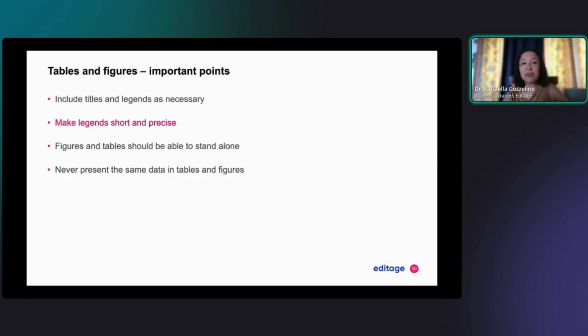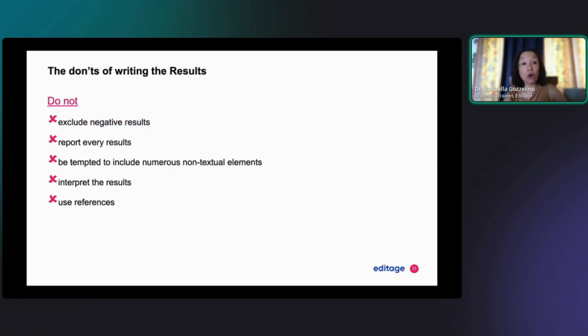So, important points for table and figure. You need to include the titles and the legend as necessary. Make the legend short and precise. The figure and the table should be able to stand alone, and never present the same data in tables and figures. Also, when you write the results, remember not to exclude the negative results.